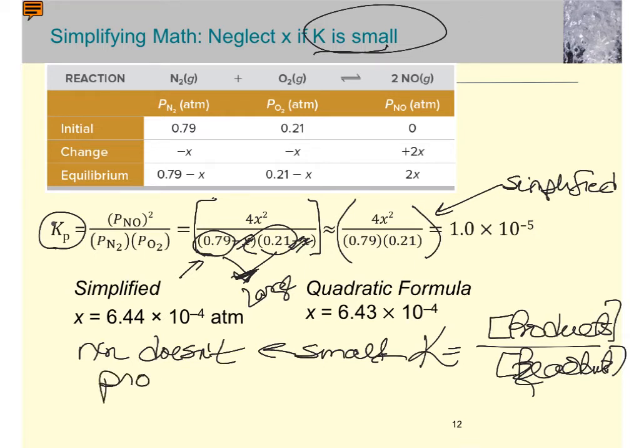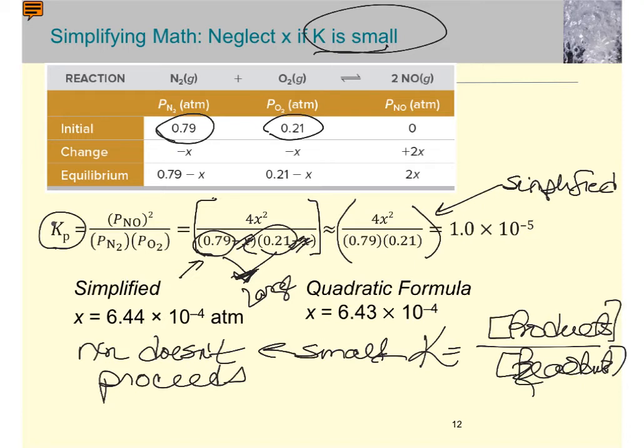Reaction does not form product much at all. Well, if the reaction does not form product, then these initial amounts given are not going to change much, right? The original reactants that you're given, those concentrations are not going to change much. Not if the reaction isn't going to proceed.